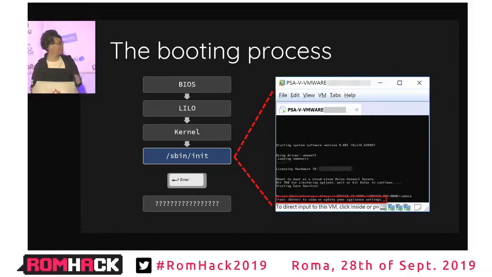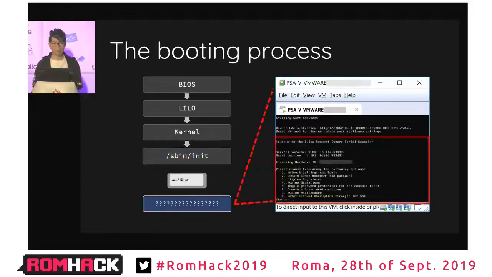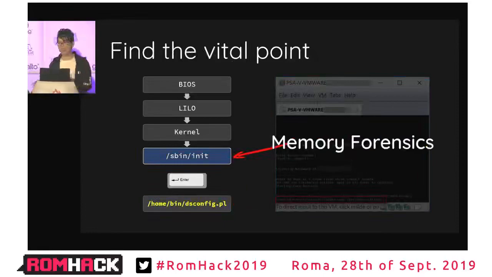Once we press Enter, the initial process spawns another process to allow you to modify and view the settings. We suspend the virtual machine at this time and scan the entire memory to do memory forensics on the host OS. From the memory forensics, we observe that the spawned process is a Perl script. The name is dsconfig.pl.